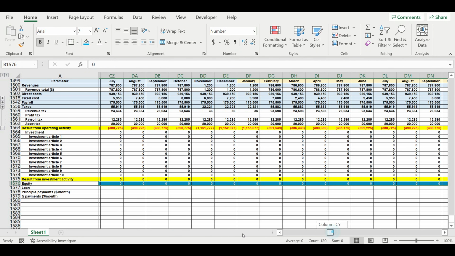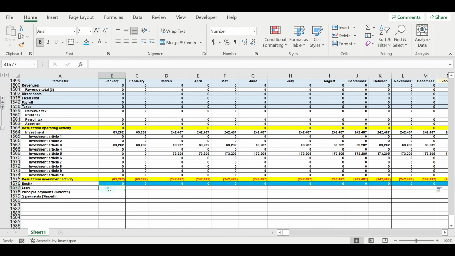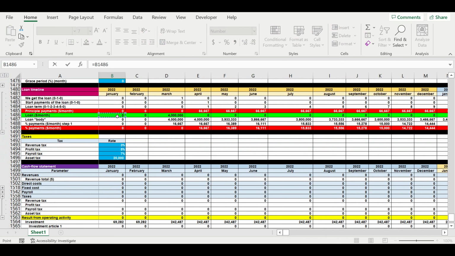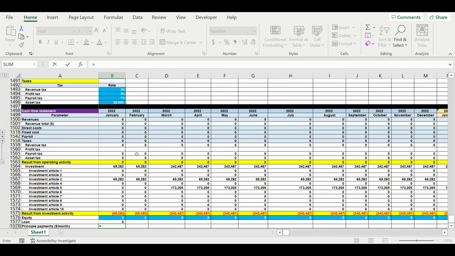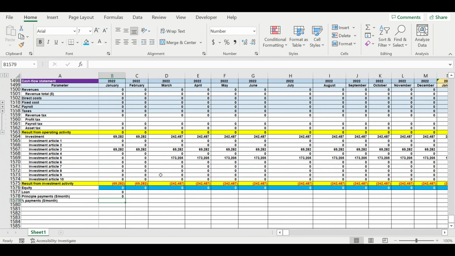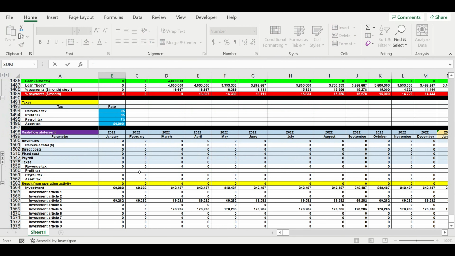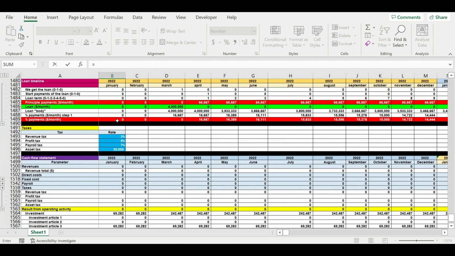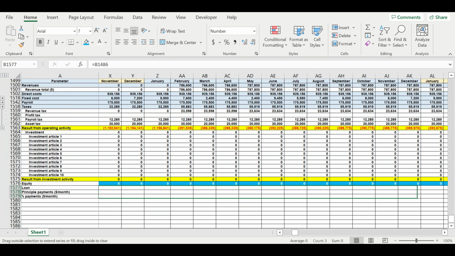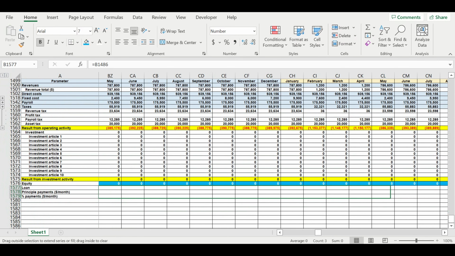So here we just put here when we take a loan, then principal payments, then interest payments, then we are extrapolating this story to the timeline.